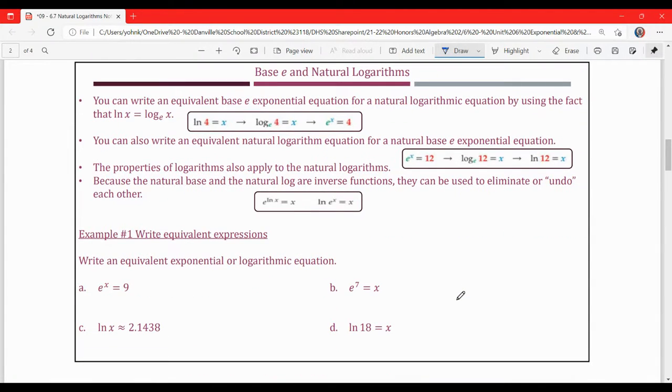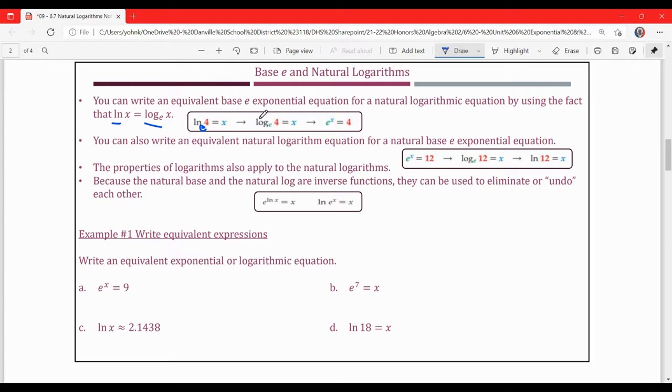So you can write an equivalent base e exponential equation for a natural logarithmic equation by using the fact that ln x equals log base e of x. So anytime you have log base e of x, that's your indication that you're working with a natural logarithm. So if I have ln 4 equals x, there's a little e down here.